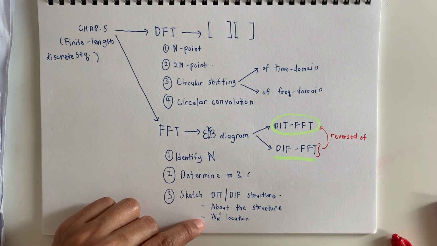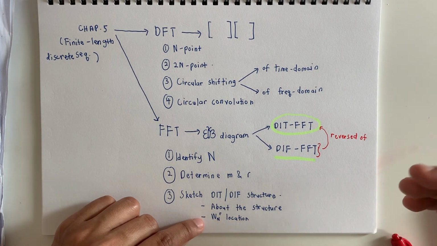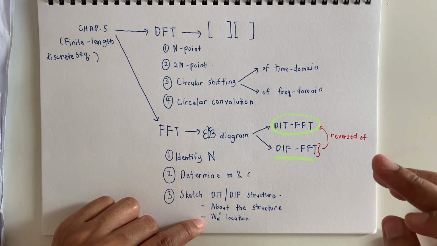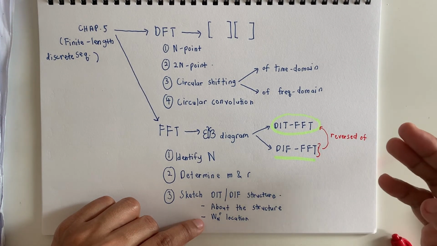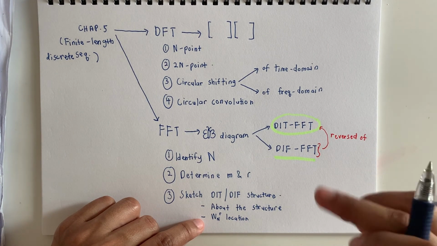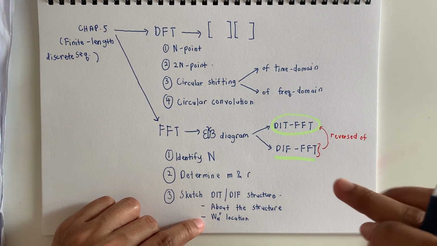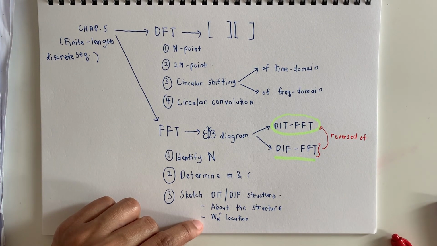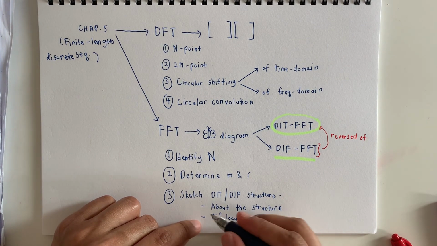While for DIF FFT, you have to place your W_N^r at the output node, and that output node must connect to an arrow pointing downwards and horizontal lines. That is the difference between DIT FFT and DIF FFT.